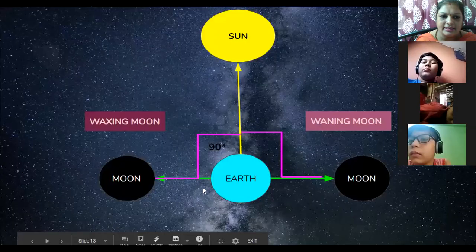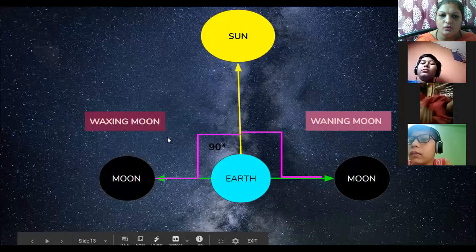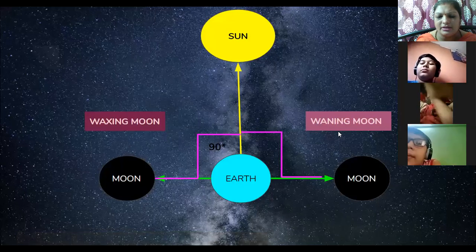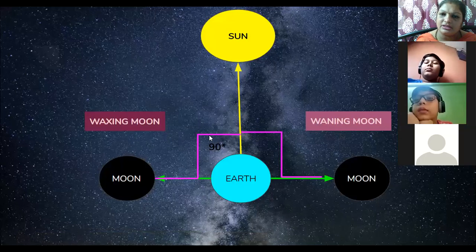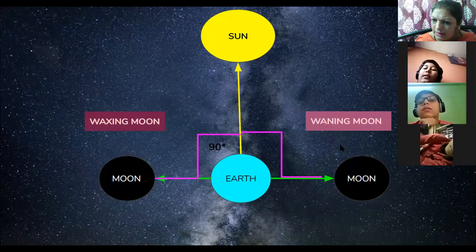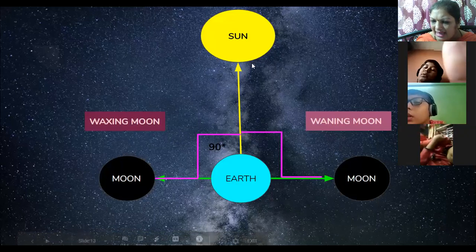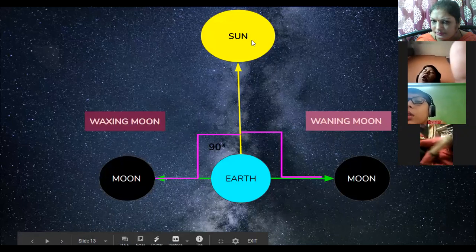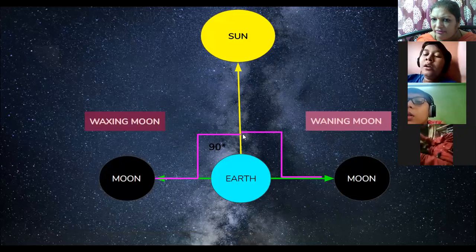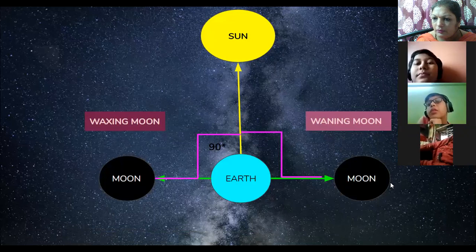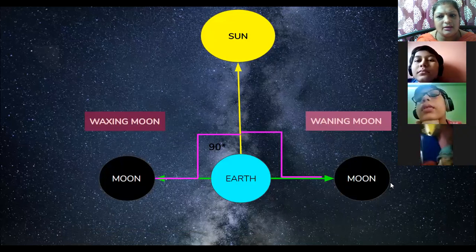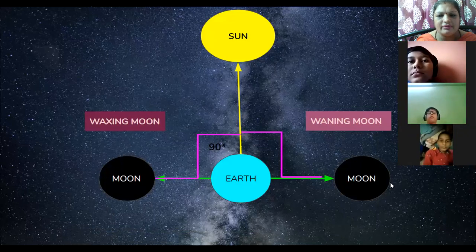And when it is a waxing moon or the waning moon, that means the first quarter and the last quarter, that time the moon makes an angle of 90 degree.